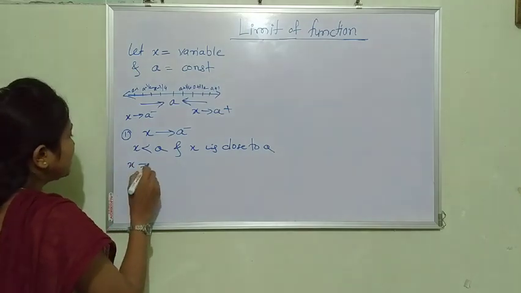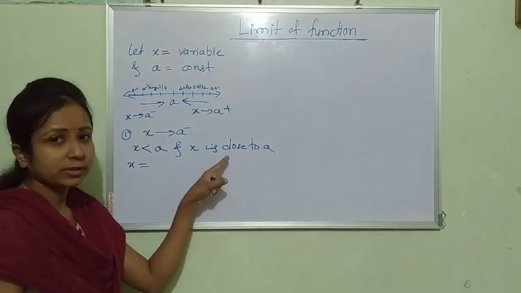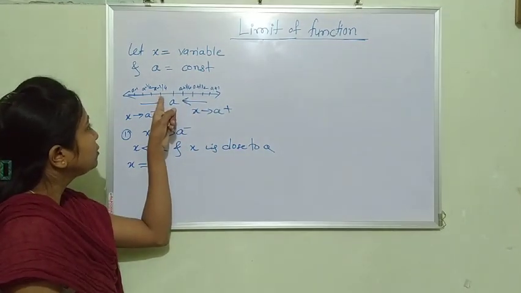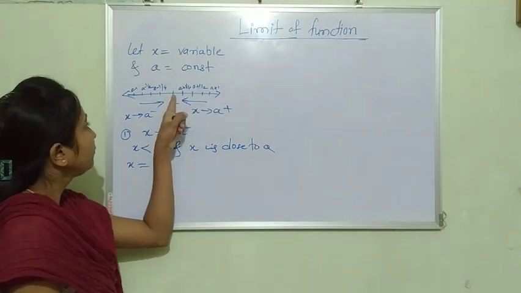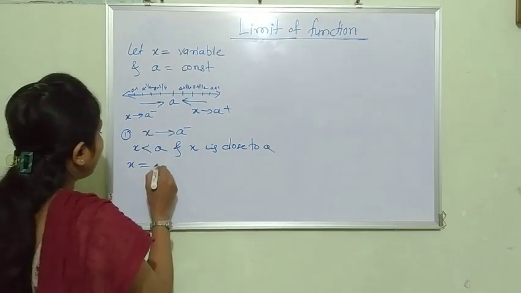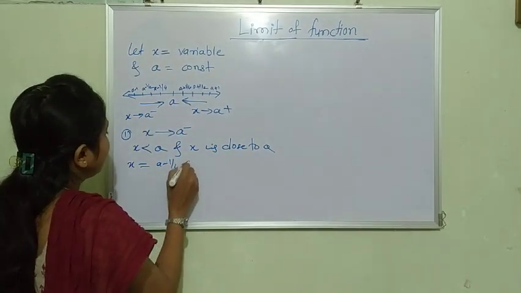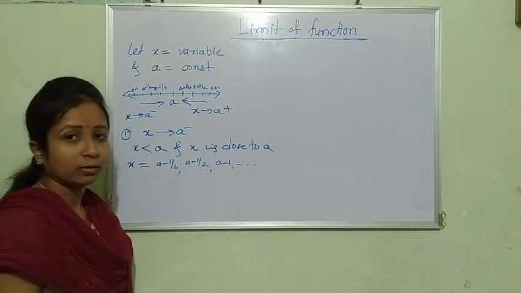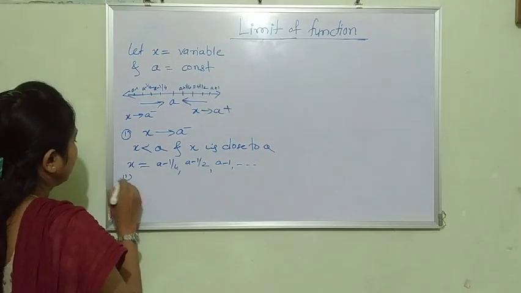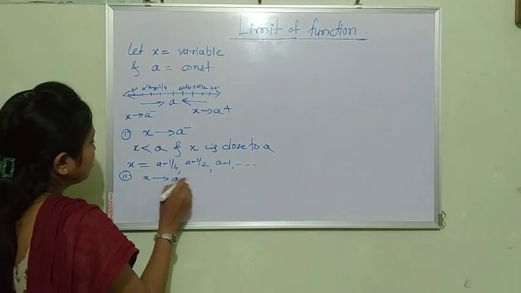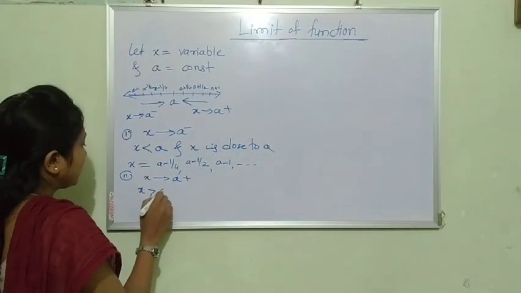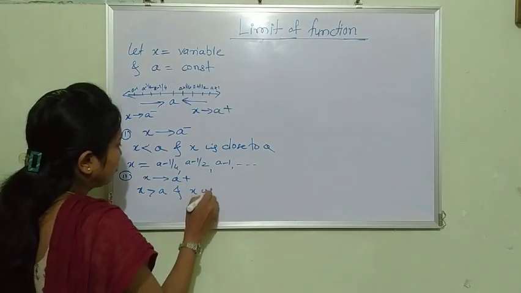Therefore, x is less than a and close to a, so x takes a minus 1 by 4, a minus 1 half, a minus 1 and so on. Similarly, x tends to a plus means x is greater than a and x is close to a.